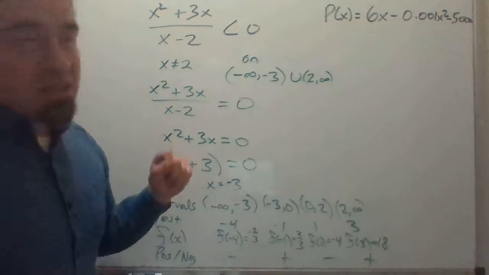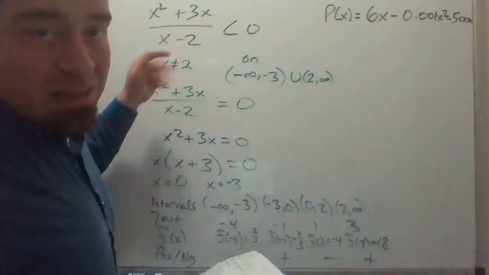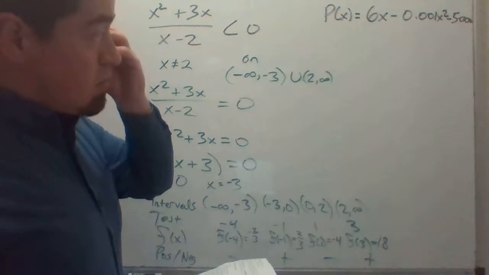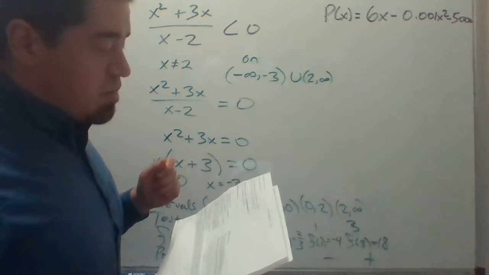Now over here, for the partition points, you'll notice we'll have no asymptotes like in the last one, because it's not a rational function. So we still need to set the equation equal to 0, as per step B of the constructing sign charts procedure.